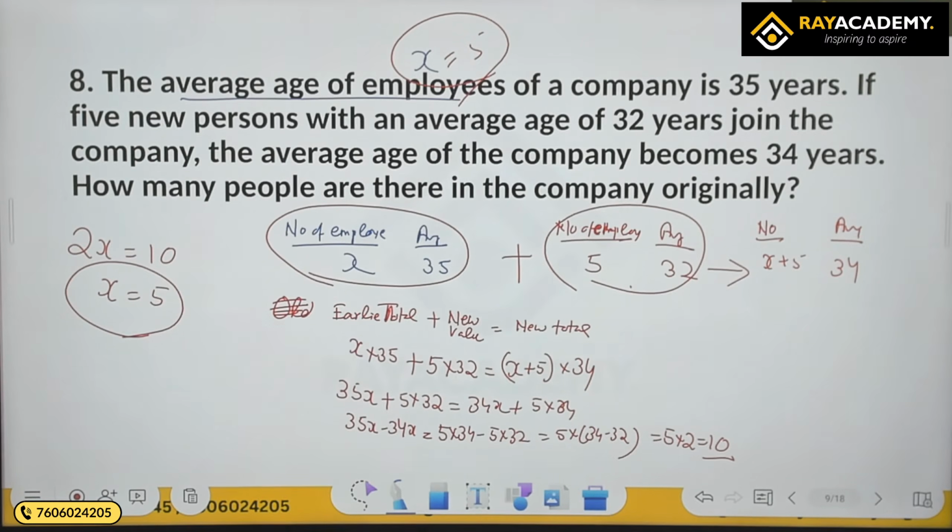If you have any doubt, you can ask. So this is question number 8.